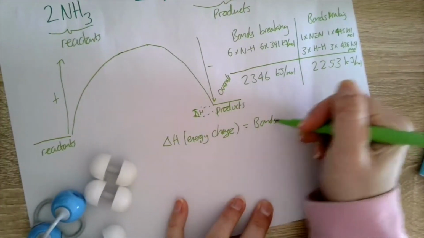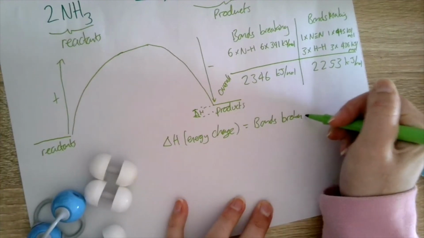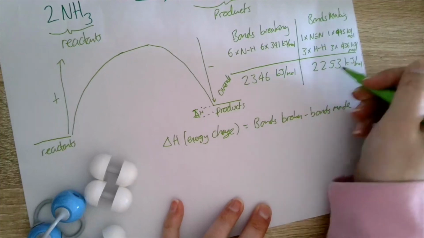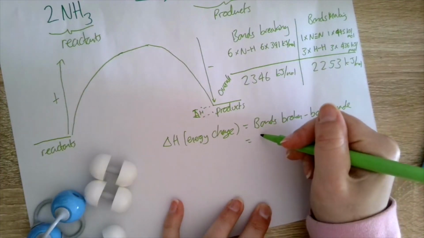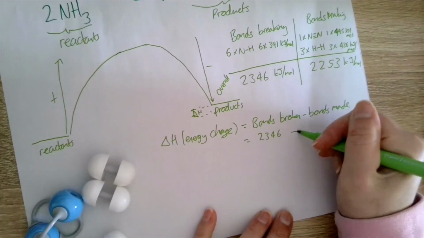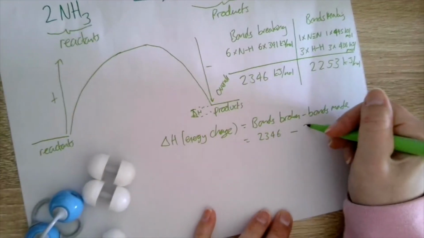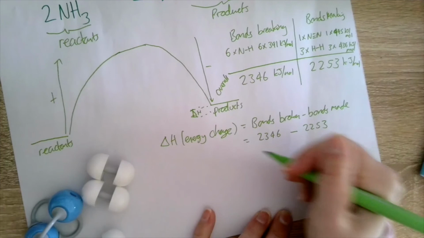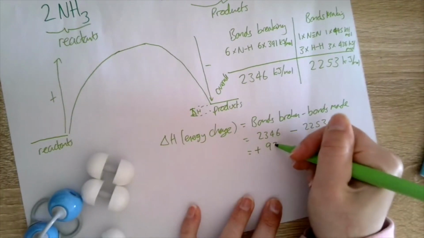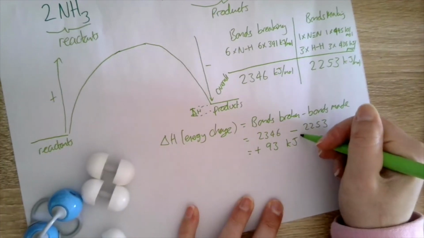So bonds broken minus bonds made. So then carrying our numbers forward, so that's 2346 kilojoules per mole broken, but 2253 released. And this time it gives us positive 93 kilojoules per mole.